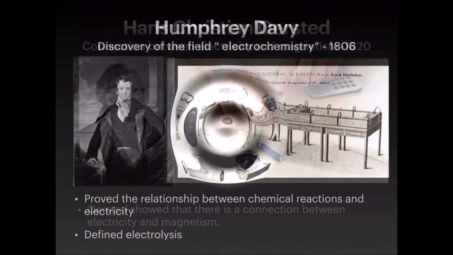In 1820, Hans Christian Ørsted performed an important experiment which showed that there was a connection between electricity and magnetism. We will study what he had done. He passed electricity through a wire and kept a compass near the wire, like in this figure.